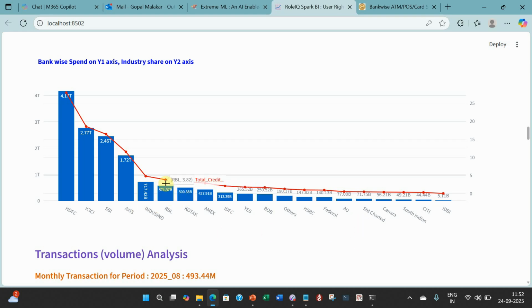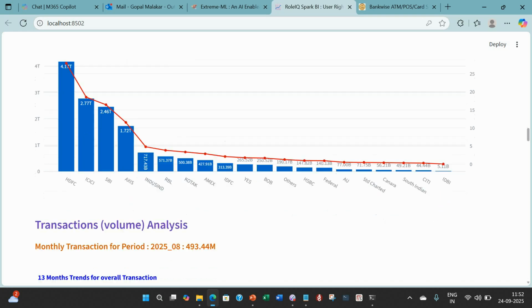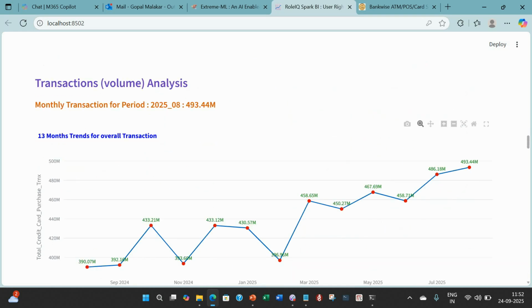RBL is contributing 3.82% of the market share in terms of YTD spend. Look at transaction volume. How many times are people swiping the card? It is 493 million, or you can say 49 crore times people are swiping their card in India. This is a jump, and it is bound to have the jump, and I'll prove to you why there is a jump here.